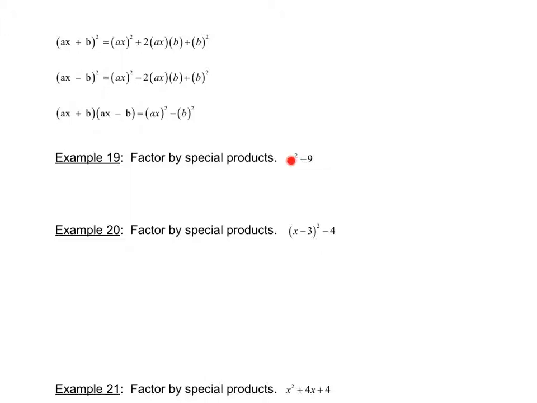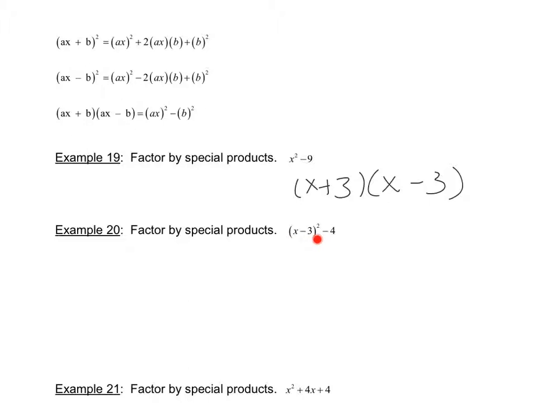Okay? So here, x squared minus 9, what multiplies to negative 9 and adds to 0? It's just x plus 3, x minus 3. The rule that's not there, oh yep, right here actually. See how it's ax plus b, ax minus b, ax squared minus b squared? We started here and went backwards, okay?